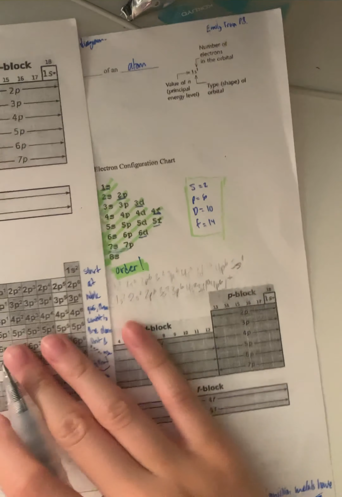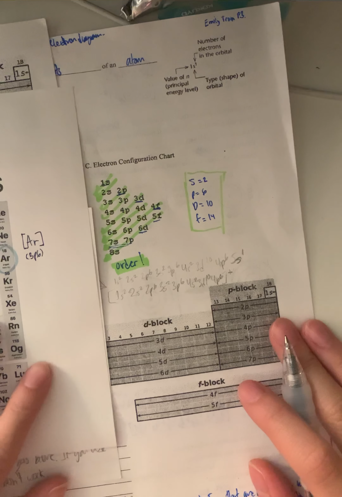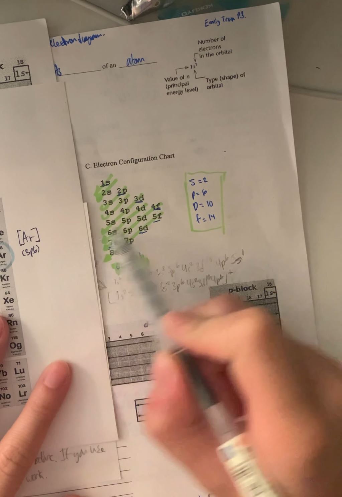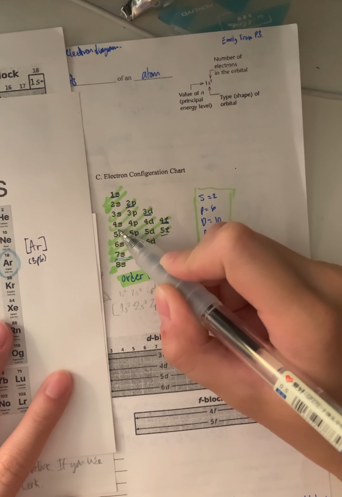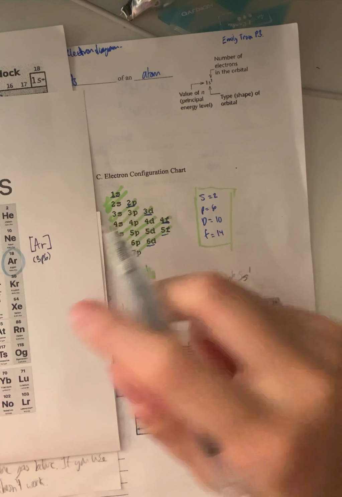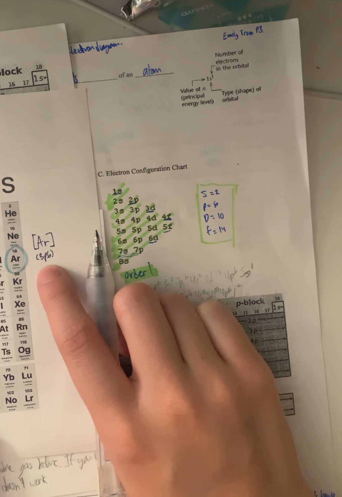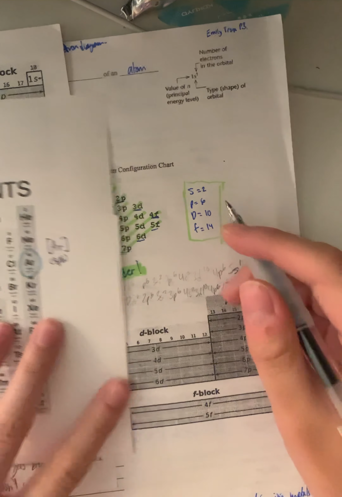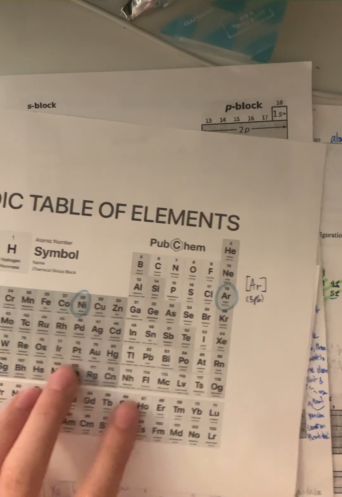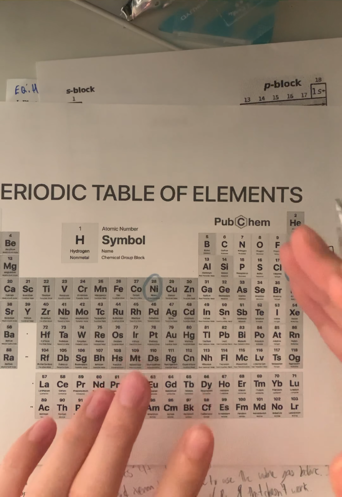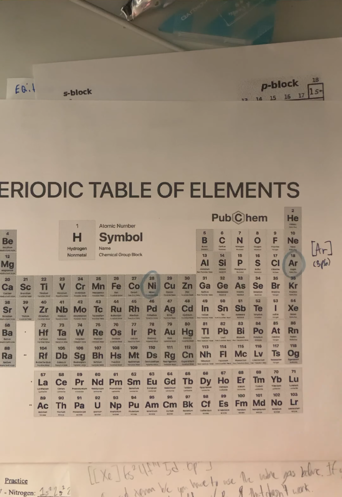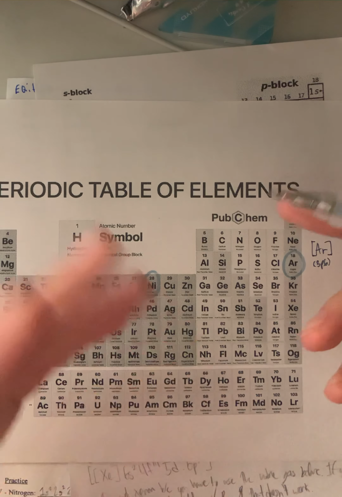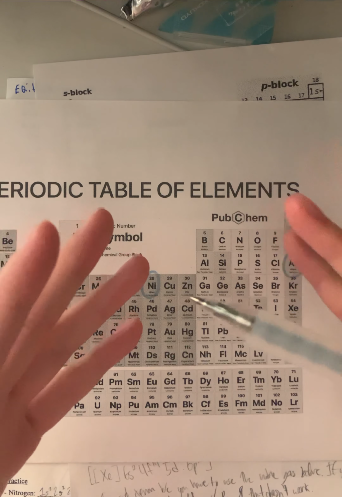This paper, argon over here: 3p6. 3p is right here, and next in the order is 4s. As we know, the number of protons is usually equal to the number of electrons, and oftentimes on tests the directions will say, please assume that the electrons are neutral unless stated otherwise.